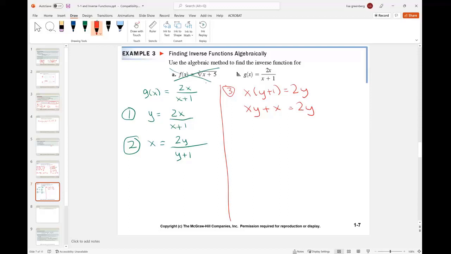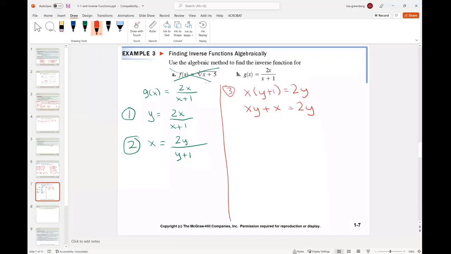No. So that would be where I would want to start. I want to at least get all my y's on one side, because that way I can maybe manipulate it a little bit, right? Well, I don't want to use division.